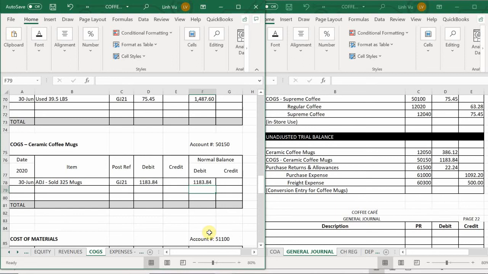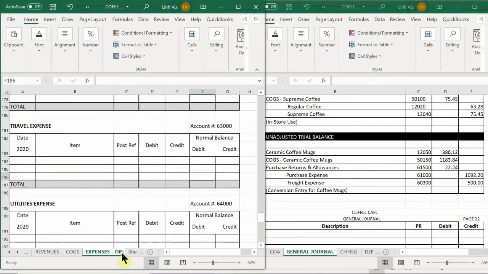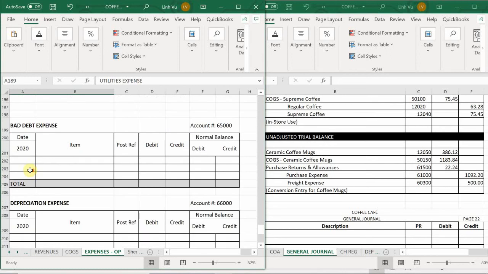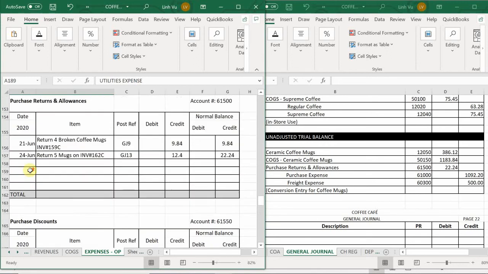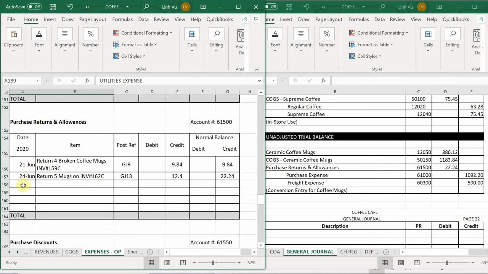I see. Thank you. Okay. So then what's the next entry that we have to do here? Purchase returns and allowances. So that's going to be under operating expenses. Oh, whoops, went a little too far. So here's purchase returns and allowances.